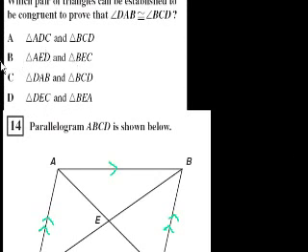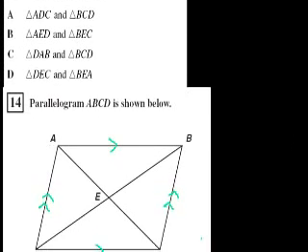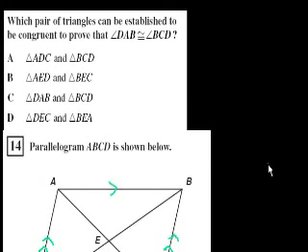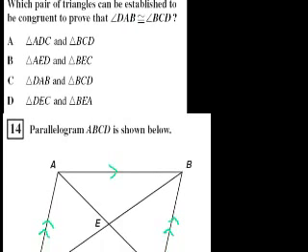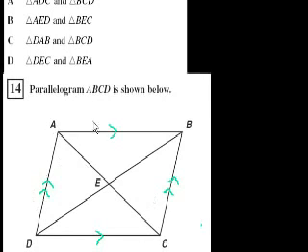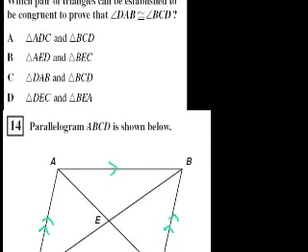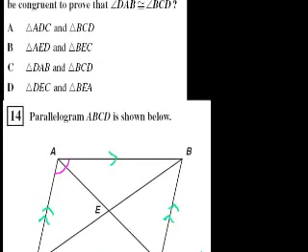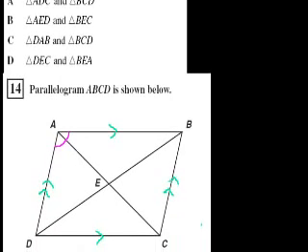A little unconventional. Okay. Parallelogram ABCD is shown below, and they ask which pair of triangles can be established to be congruent to prove that angle DAB is congruent to angle BCD. So they want us to show that DAB, which is this angle, is congruent to BCD.